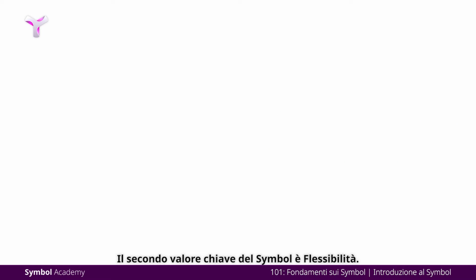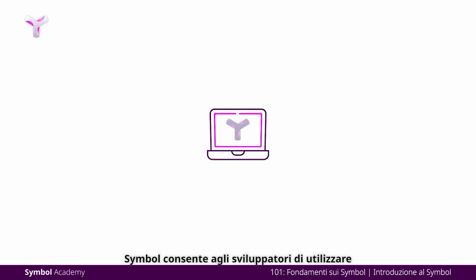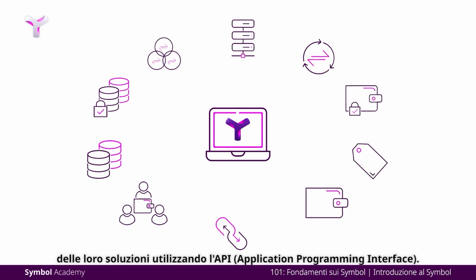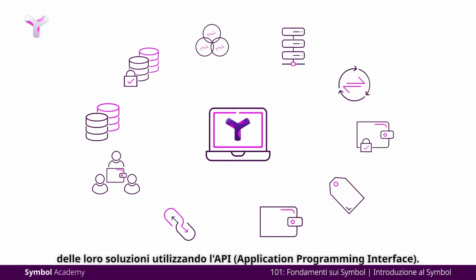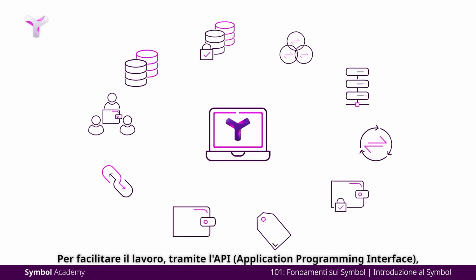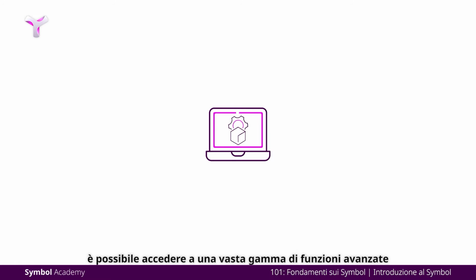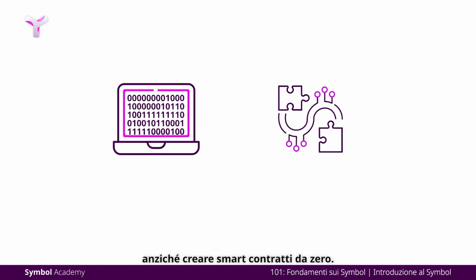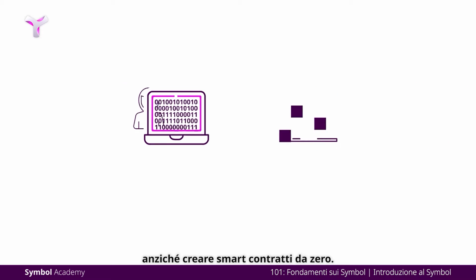Now, the second core value of Symbol is flexibility. Symbol allows developers to use any programming language to integrate their solutions conveniently, because it is API-driven. A wide selection of advanced built-in features can be called upon through the API for ease of development, allowing developers to plug and play battle-tested bits of code instead of constructing smart contracts from scratch.